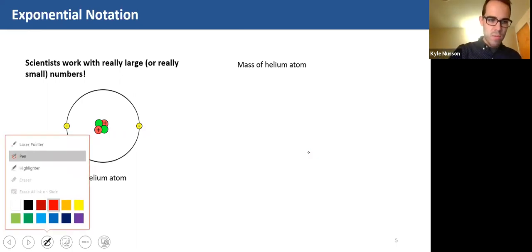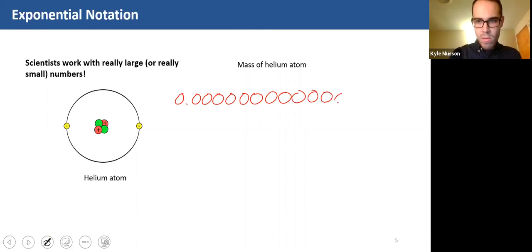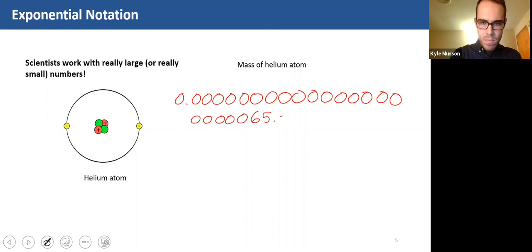I'm going to probably write it wrong, and you can correct me later. So if I was going to write it out just normally, 1, 2, 3, 4, 5, 6, 7, 8, 10, 11, 12, 13, 14. All right, this is the mass of a helium atom.